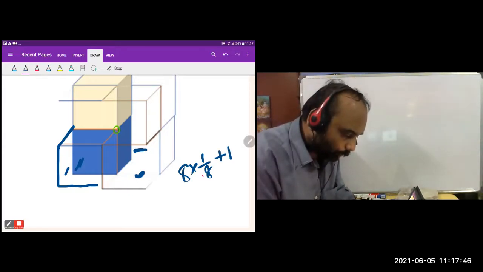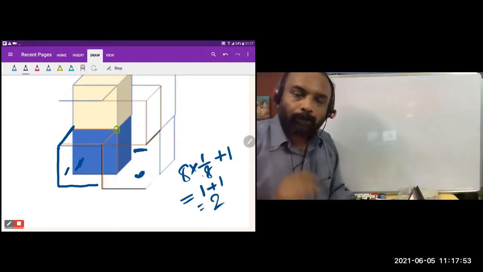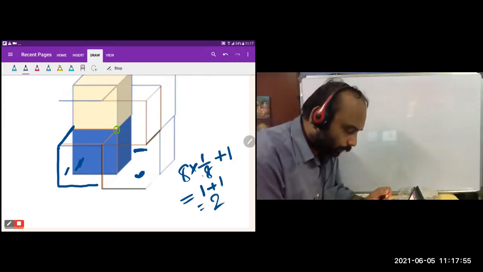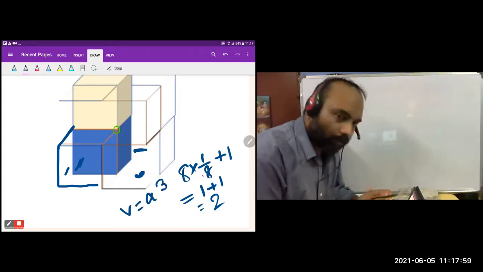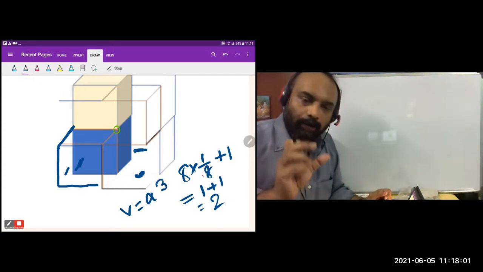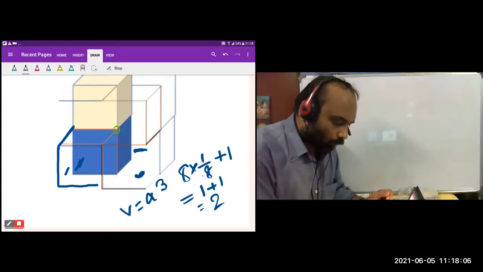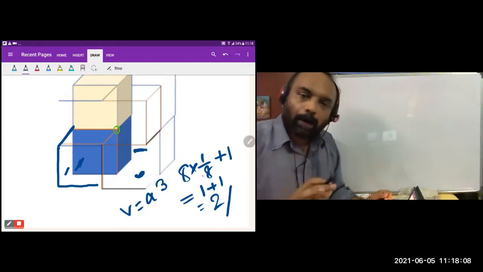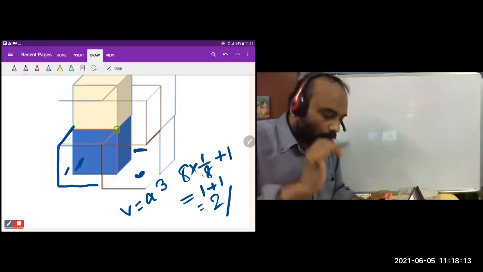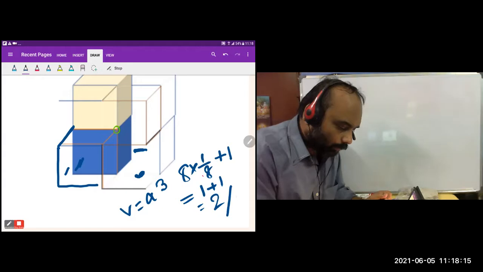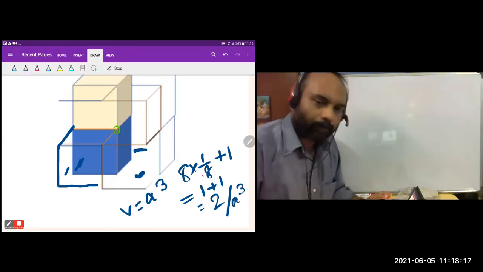Therefore, plus 1. 1 plus 1 is 2. My volume V is equal to A cube, because each side is length A. So therefore, the number of atoms per unit volume is 2/A cube.